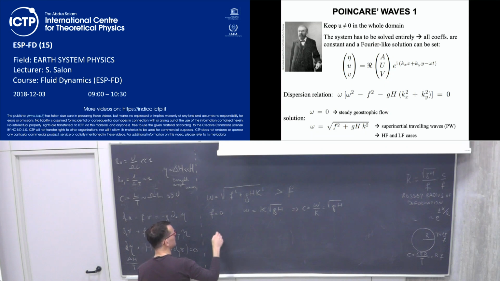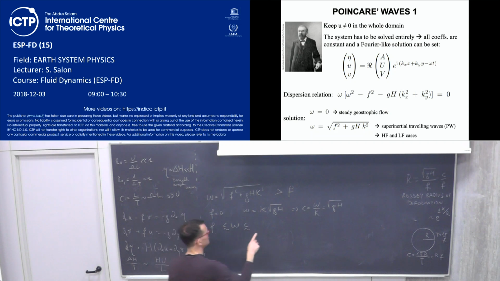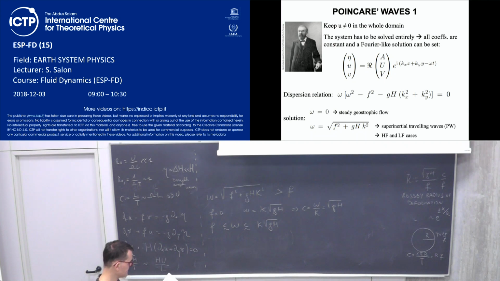So this means that our frequency omega will be included in a range which starts from f and goes to k square root of gh.